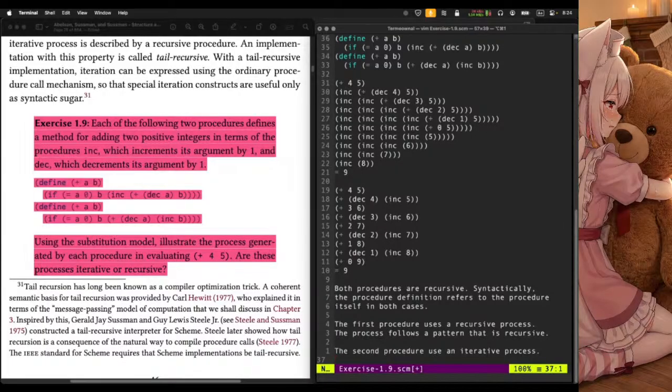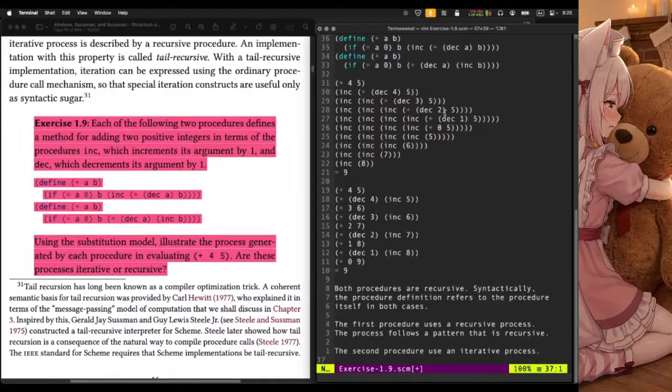Yeah. Before, they were talking about recursion and recursive processes versus iterative processes, and then also recursive procedures.